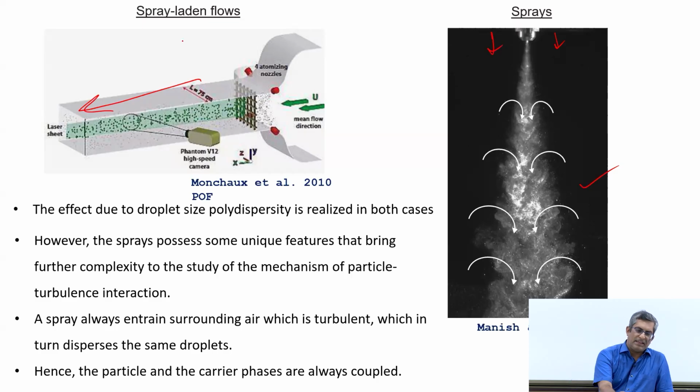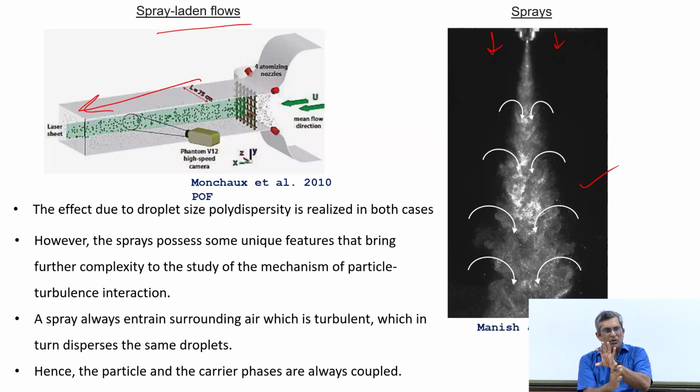Now, how does this make this scenario different? In spray laden flows, you can control the mass loading ratio, that is the ratio of the mass rate of injection of particles to the rate of injection of the carrier phase. You can vary this parameter, the mass loading ratio, at the same airflow rate.